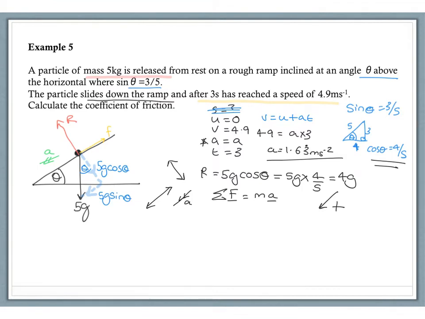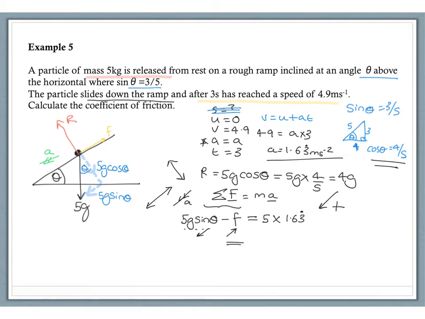Now, in that positive direction, we have 5g sine theta. Now, friction is acting in the opposite direction, so it's negative, so we have 5g sine theta minus F, and that is our resultant force. 5g sine theta, which acts down the slope, and friction, which acts up the slope. This must be equal to the mass of 5 multiplied by the acceleration, which is equal to 1.63 recurring.